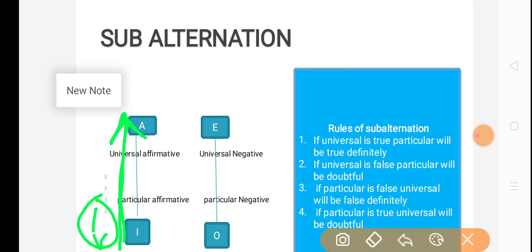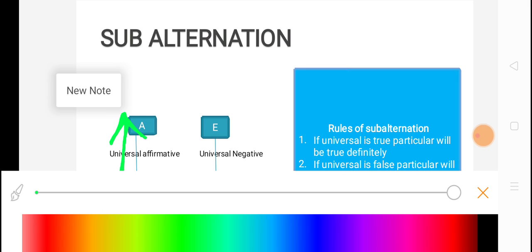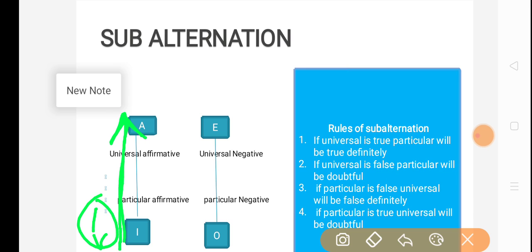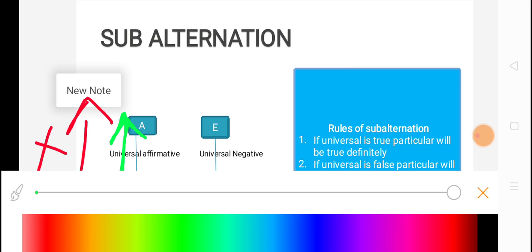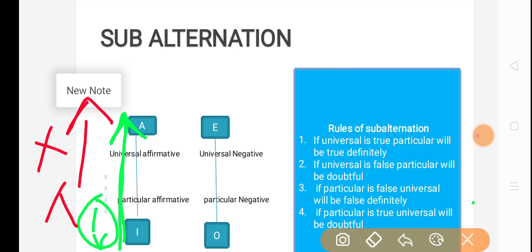But if the statement is true, it will not move toward the upper level. Okay, like that, the true statement will come from the upper level and move toward the lower level.